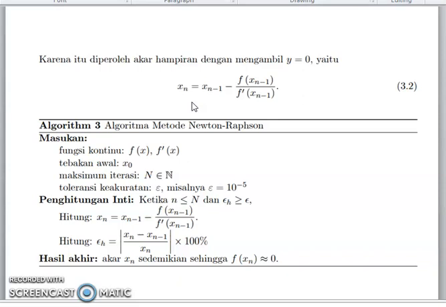Algorithm. For the Newton-Raphson algorithm, you can see these steps. The first is input, in Indonesian we say masukkan.